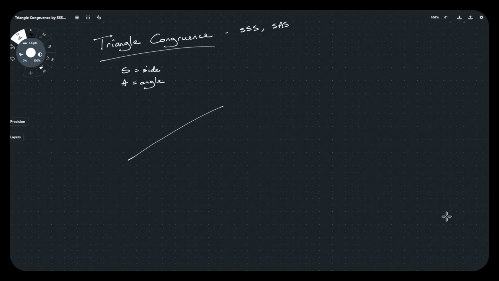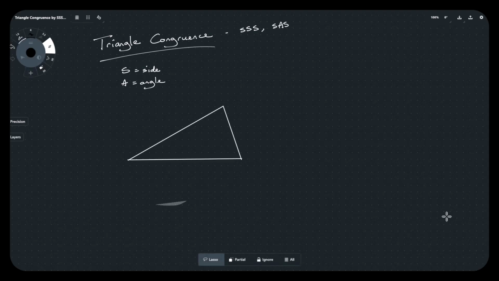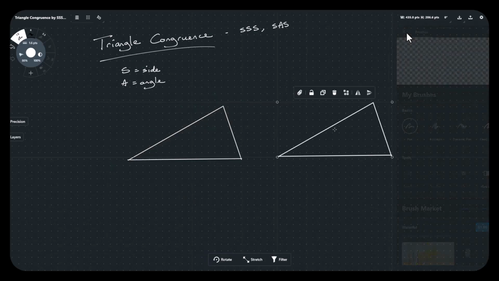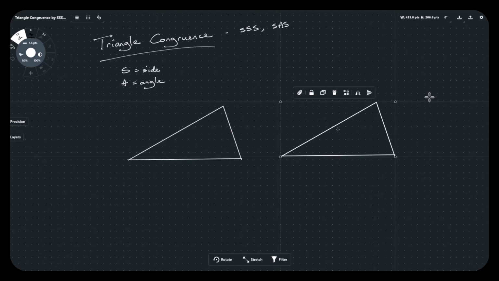If I have a triangle like this, and then I have another triangle, these triangles are congruent if every part of them is congruent, is equal.